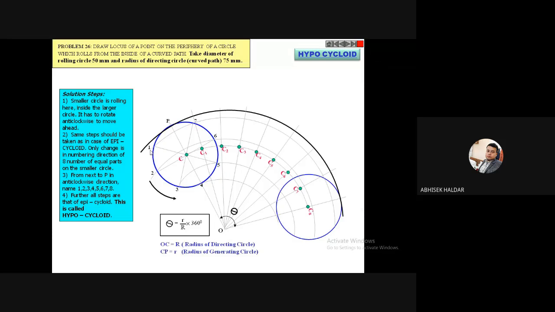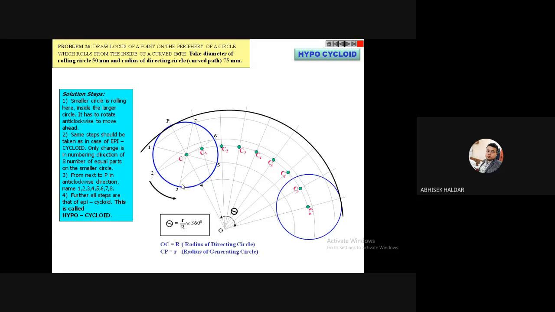So here, as my circle is rolling anti-clockwise, my naming of 1 2 3 4, these divisions will also be anti-clockwise. Next, the drawing of these arcs is very similar to the epicycloid part, because O will be the center. Take your compass, O to 4, take as radius, complete this arc up to this angle theta.